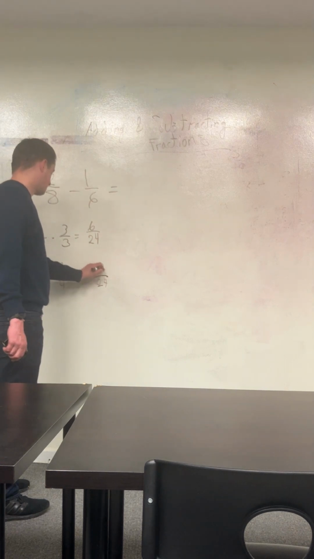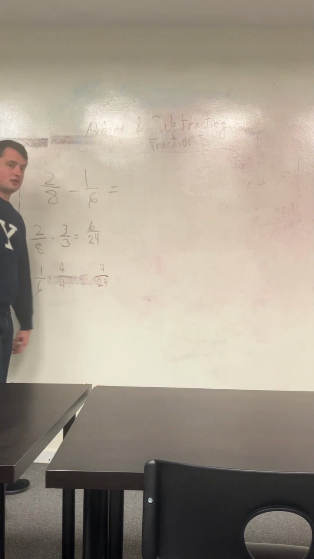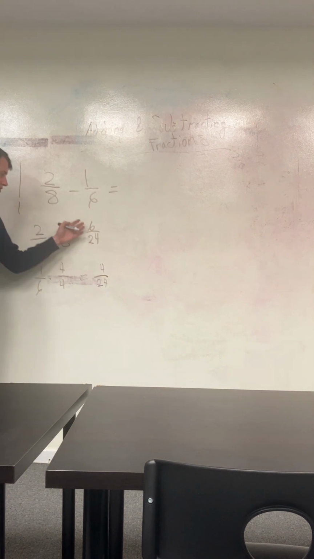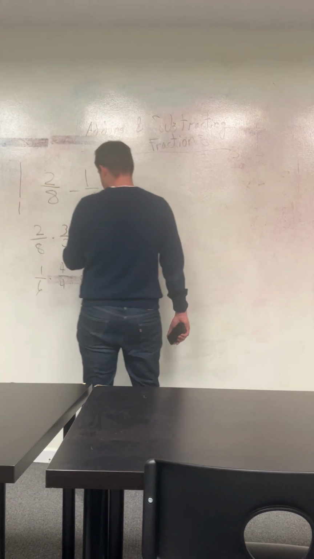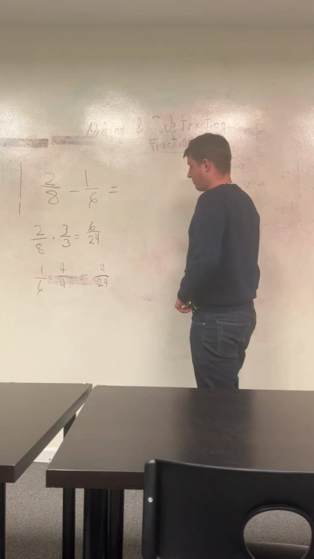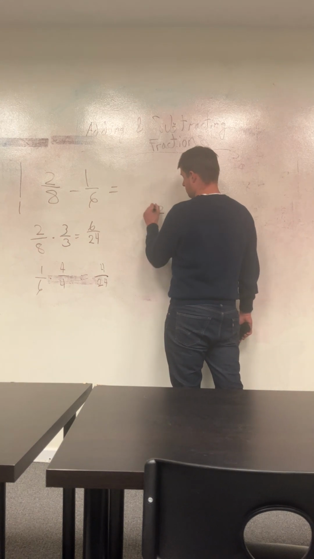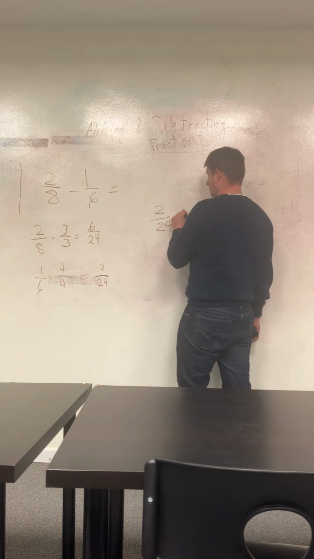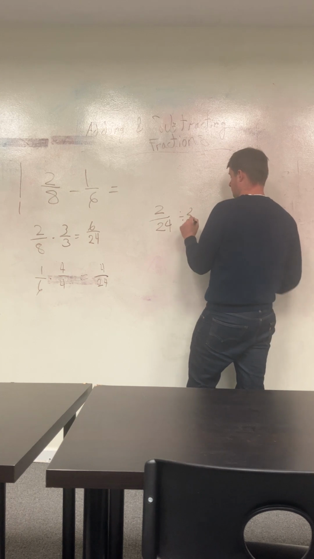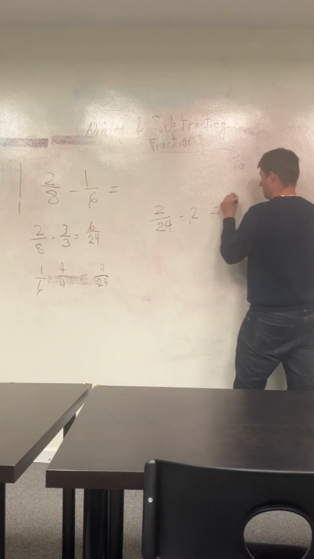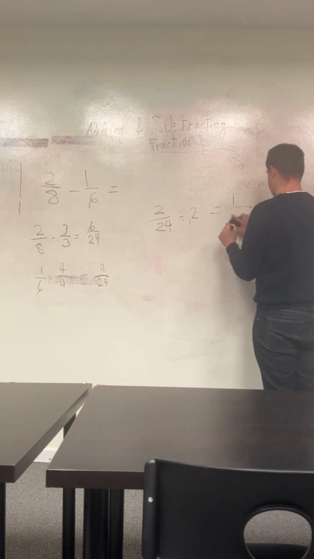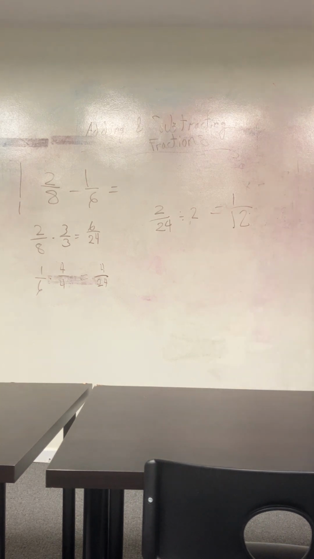So 4 times 1 is 4, 6 times 4 is 24. So we can subtract. 6 minus 4 is 2 over 24. And we actually need to divide that by 2 to get 1 over 12. Simplified. And then that's our answer.